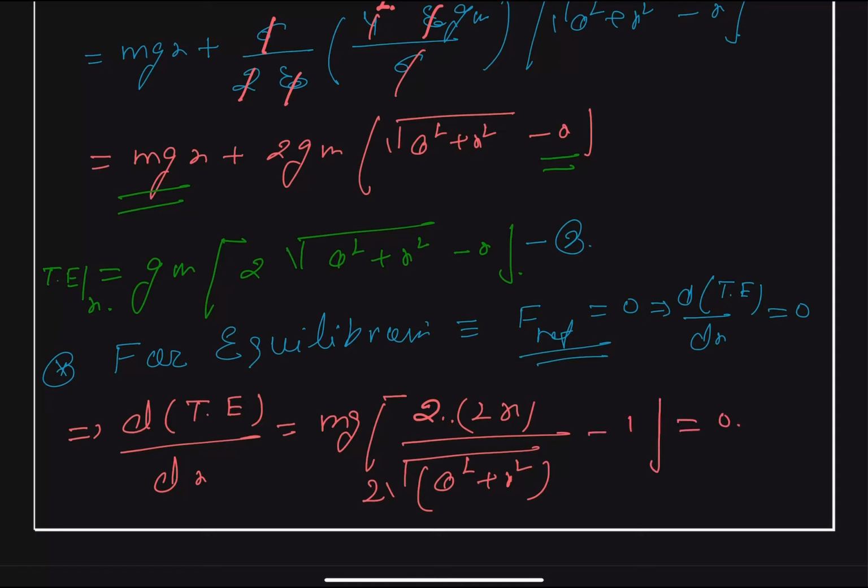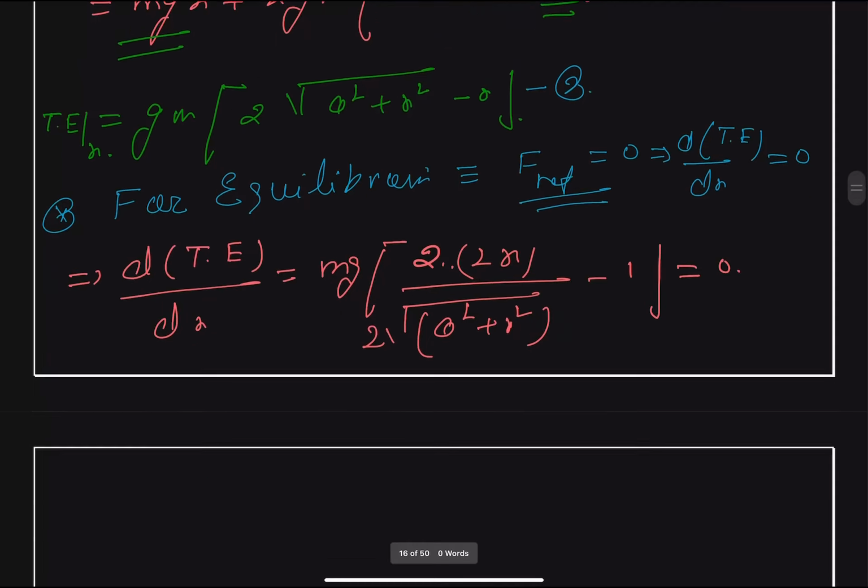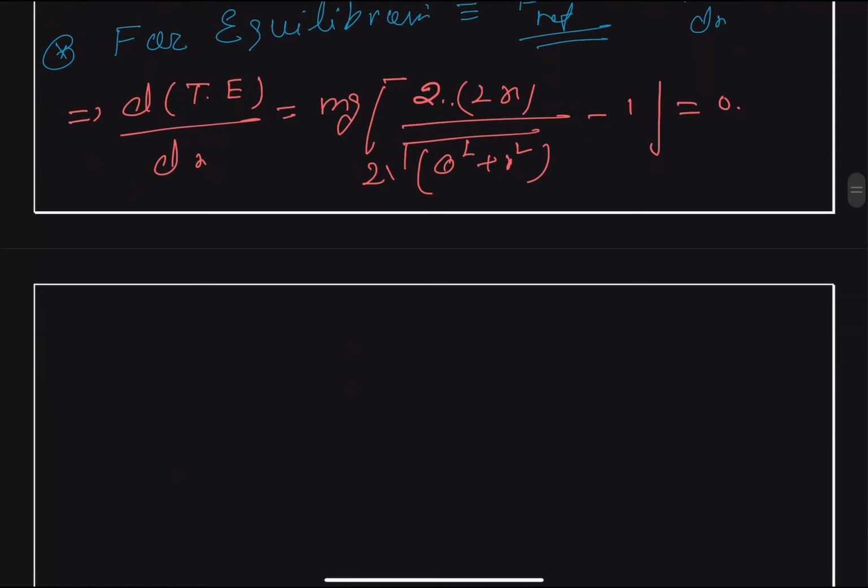Now it is quite easy to solve. So mg cannot be equal to 0.